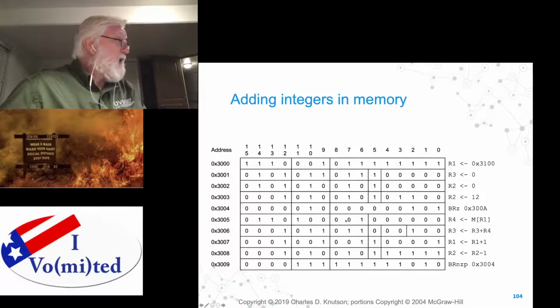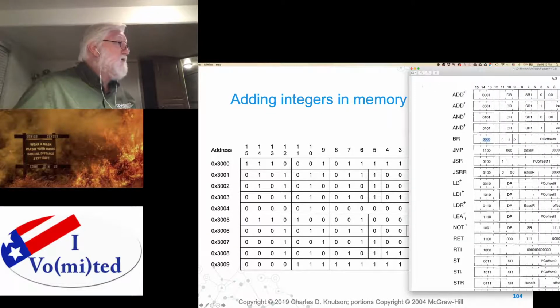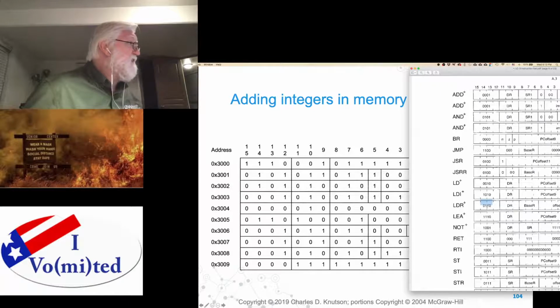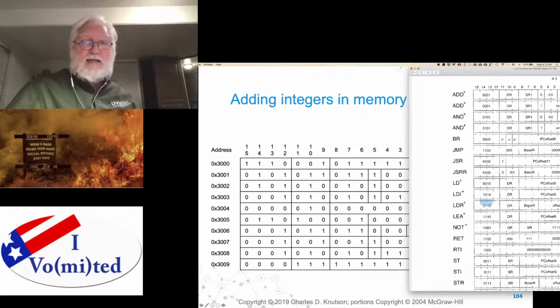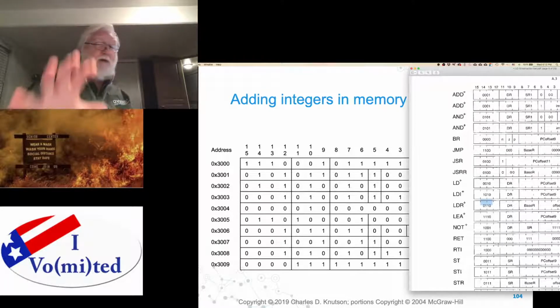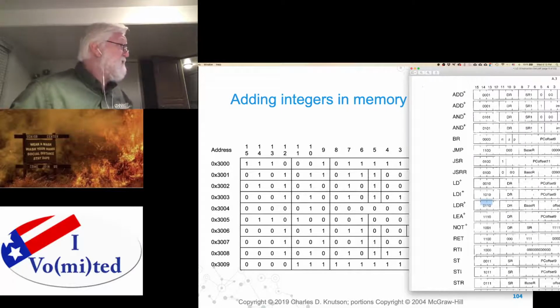We got instruction 0110, which is that guy. The highlighting's off on the PDF, but 0110, okay? That's LDR. That's base plus offset. And so the base register has an address. The offset gets added to that address. At that location, we grab the contents and we put it into the destination register.